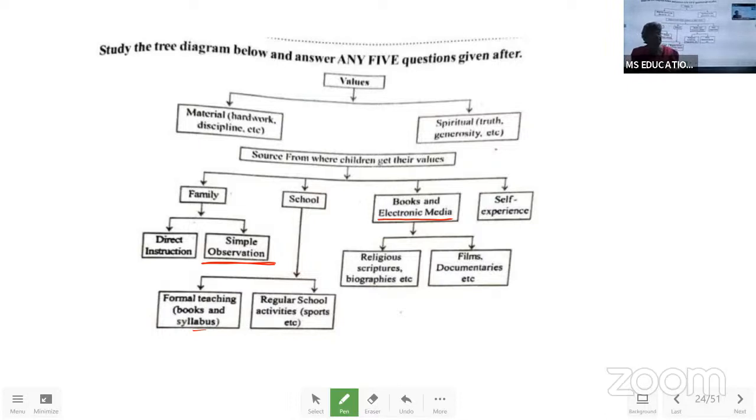So observation is needed. Though it says here it is related to the family, it's the environment, whether at home or school or in the society. You watch everyone. A child's brain is like a sponge. When you put a sponge in the water, it takes up everything.